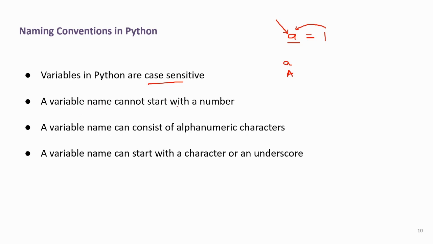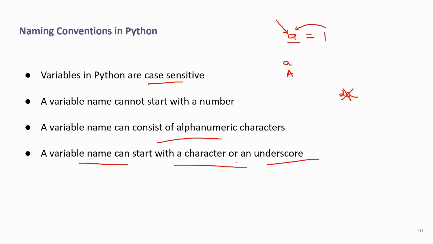Now, a variable name cannot start with a number. That means 2a is not possible. It cannot start with a number. Now, a variable can contain alphanumeric characters. That is okay, no issue. Then a variable name can start with a character or an underscore.